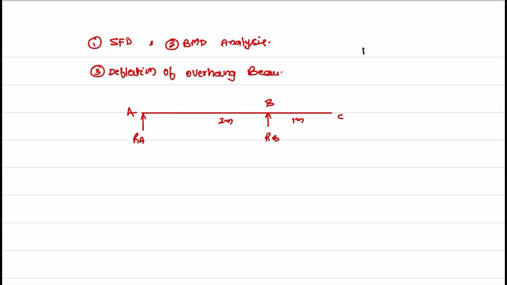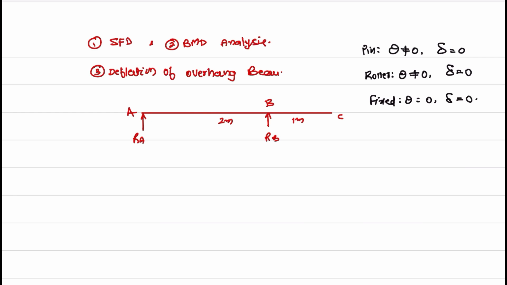One is pin support, which means theta is not equal to 0, slope is not equal to 0, but delta is equal to 0. Roller support means theta is not equal to 0, but delta is equal to 0. Fixed support means theta is equal to 0 and delta is equal to 0.